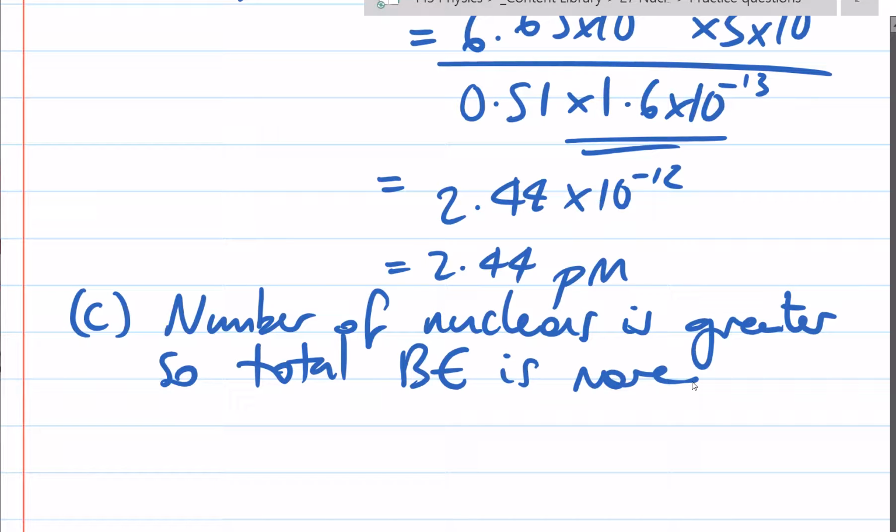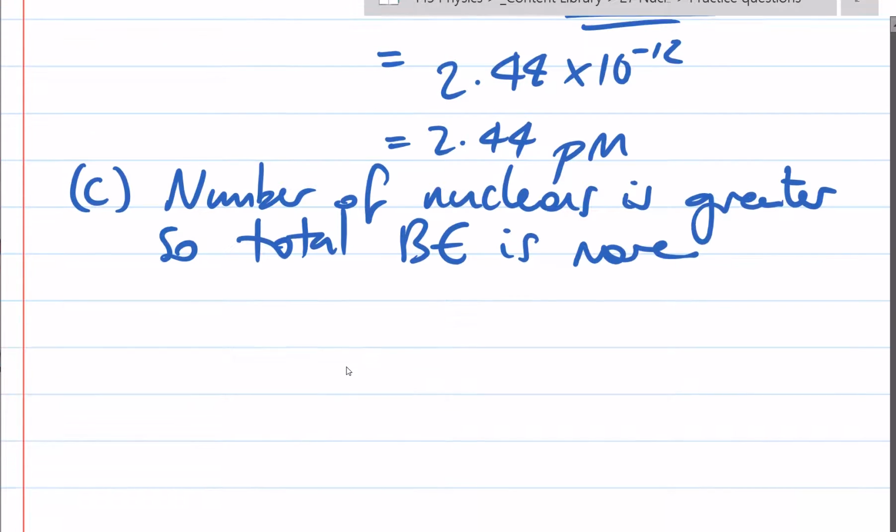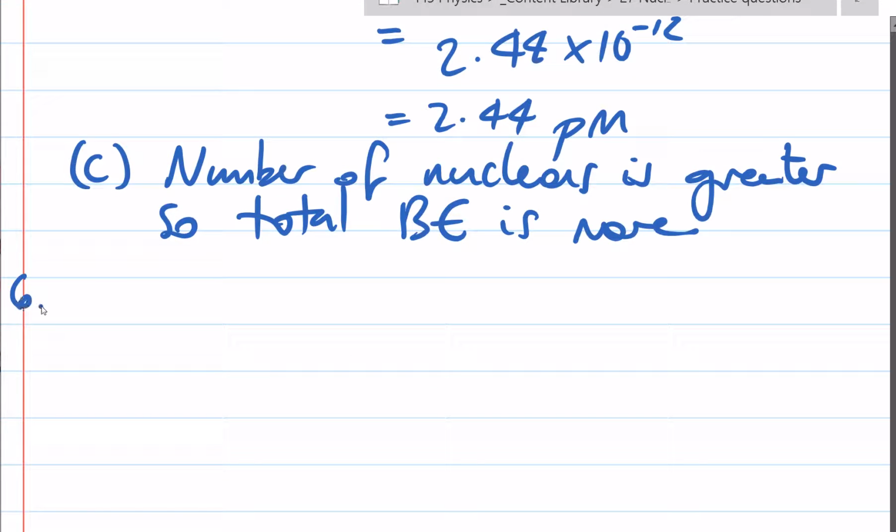Although the binding energy per nucleon is greater with fusion, so you get more bang for your buck with fission. With fission, you've just got a greater mass, a greater number of nucleons, so you're going to get a total greater number.